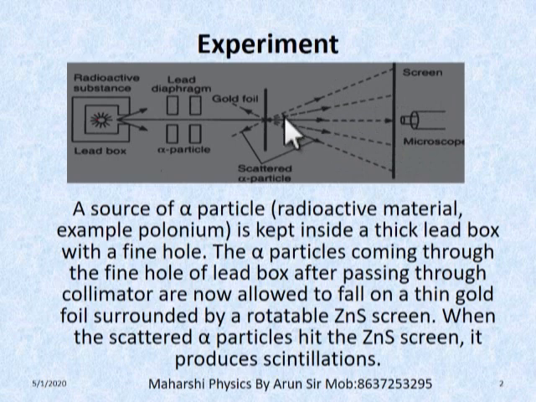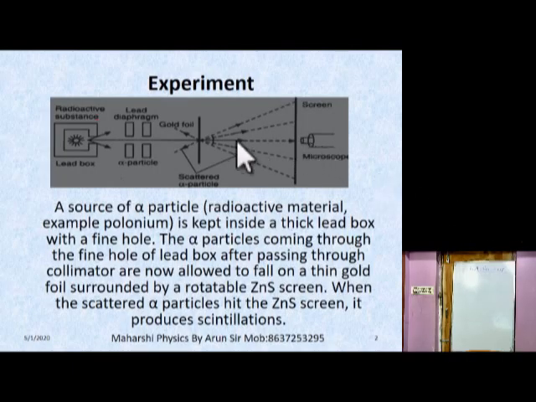When these alpha particles strike the zinc sulfide screen, they produce scintillations or white illumination or white glow. So they can be detected with the help of the detector. Clear?